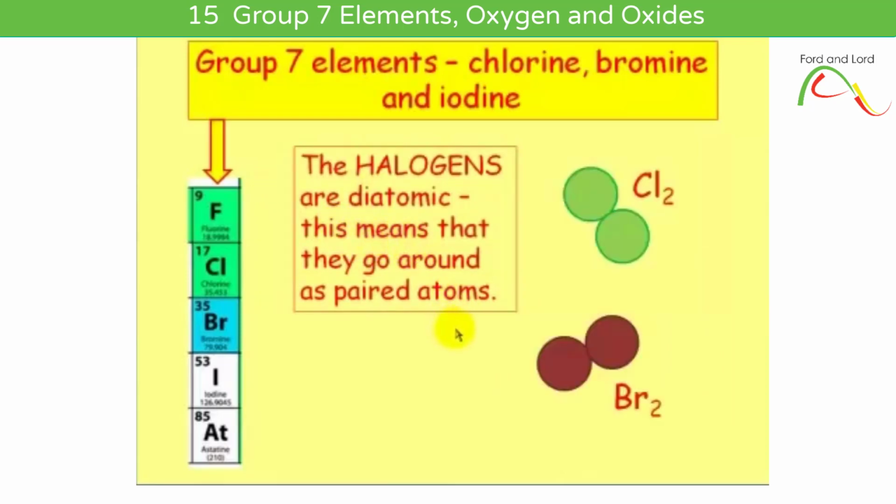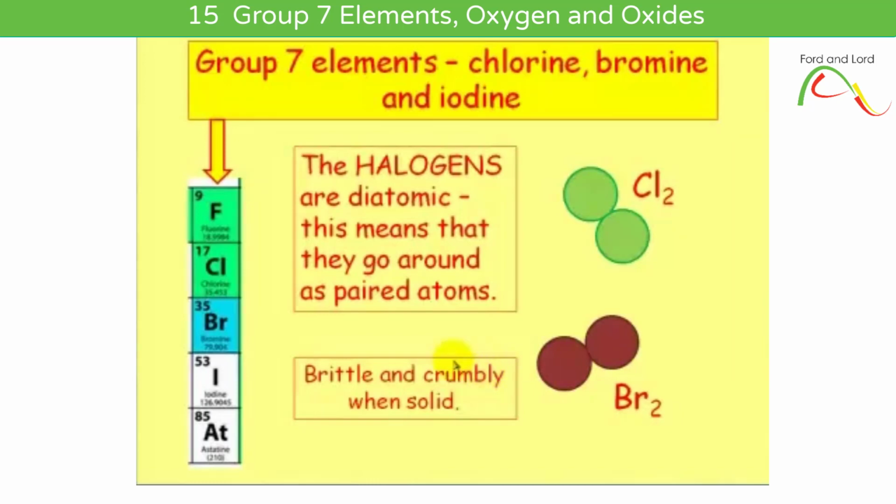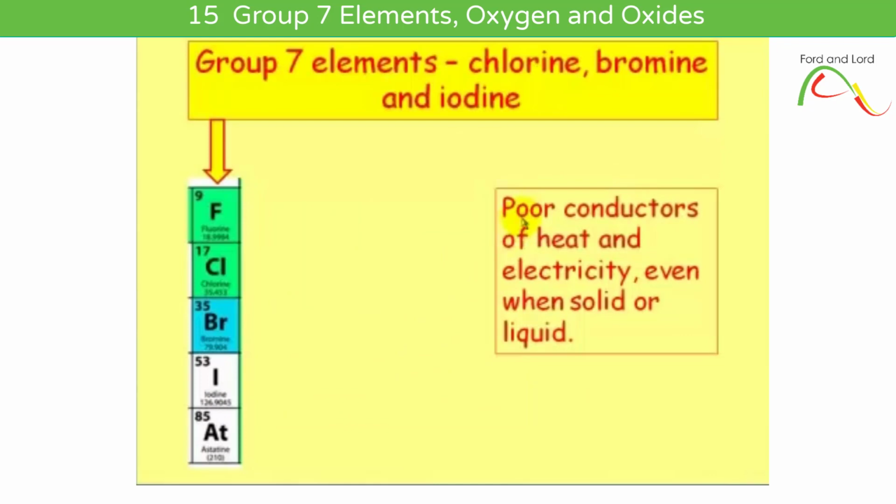So for example, chlorine gas is Cl2, bromine is Br2. They are brittle and crumbly when solid. These solids down here are quite brittle and crumbly. In general, non-metals are poor conductors of heat and electricity, even when solid or liquid.